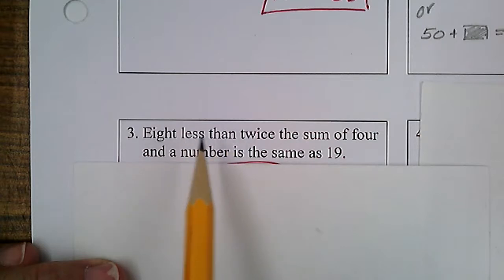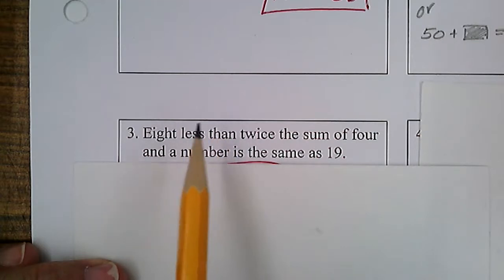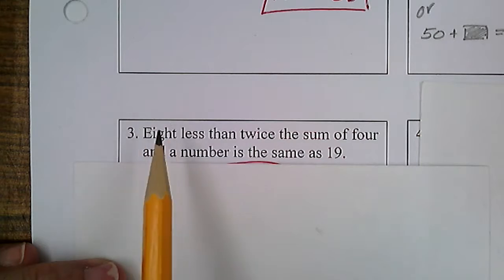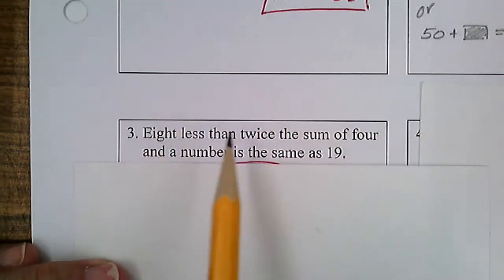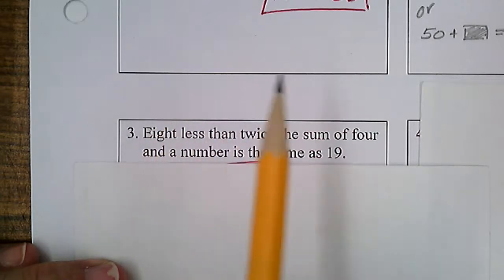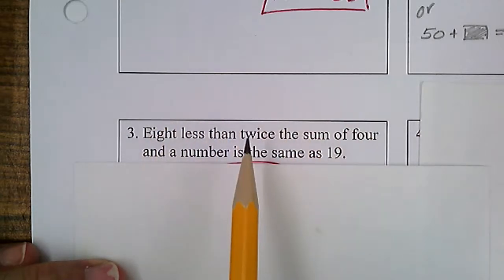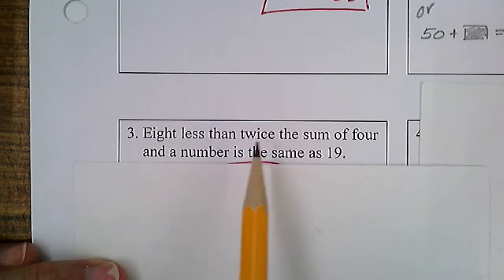Less than is a combo word, so that tells me this is a subtraction concept, but 8 is going to get moved to the back of the expression because it's 8 less than. We've learned that the less than special combo moves the first number to the back. Then we've got this word twice. We've already learned that means times 2, so we're going to multiply something times 2.